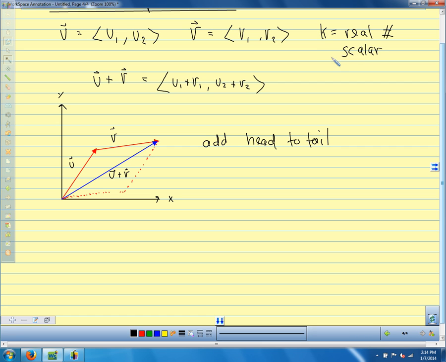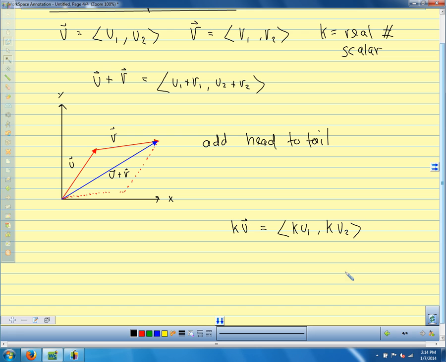If we multiply a vector by a scalar, k times u, we just multiply each component by that number. And what do you think multiplying a vector by a number does? What is that going to do to the vector?